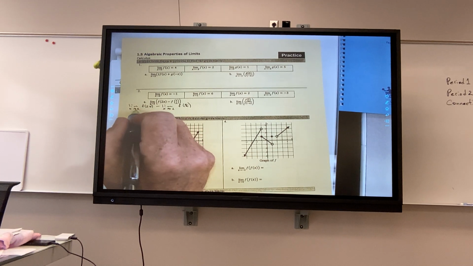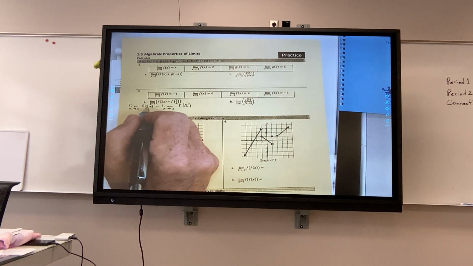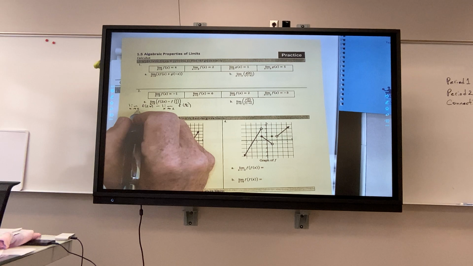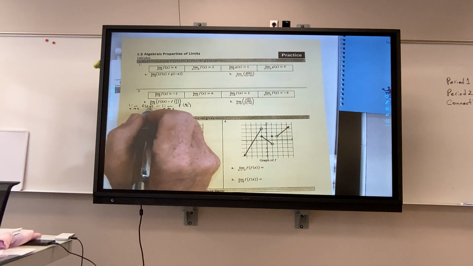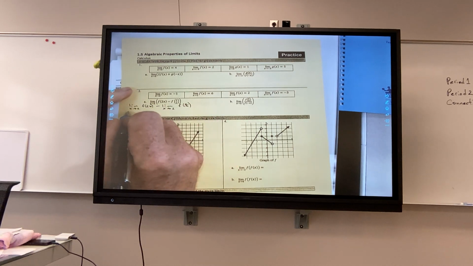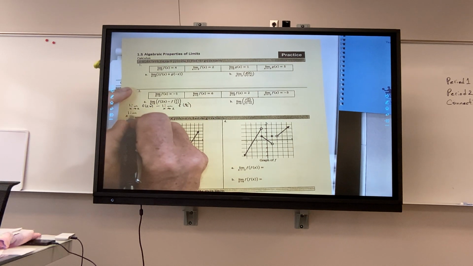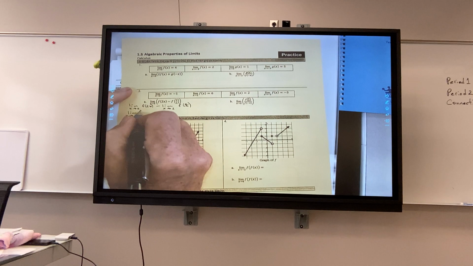In other words, as I approach 2, I would have 1.99999, and I multiply it by 2, that's really close to 4, correct? And on the other side, it'd be 2.0001, and when I put that in, again, it's really close to 4. So what I can do is rewrite this as a limit as x approaches 4 of f of x.